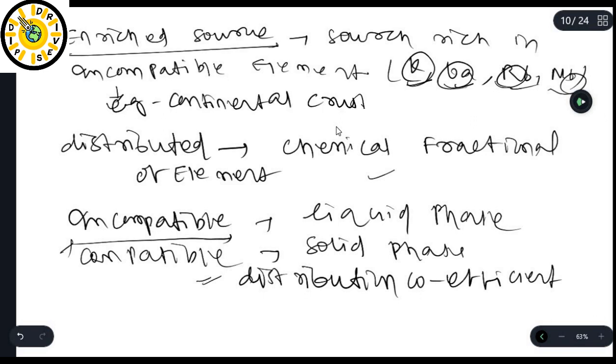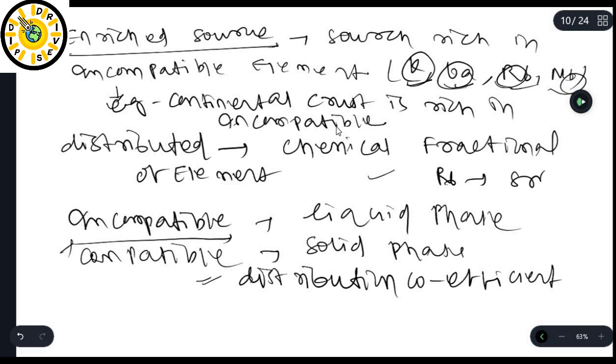Continental crust is rich in the incompatible element. Rich in the incompatible element, because what happens is, suppose the Rb decays to Sr. So 87Rb is called the 87Sr.